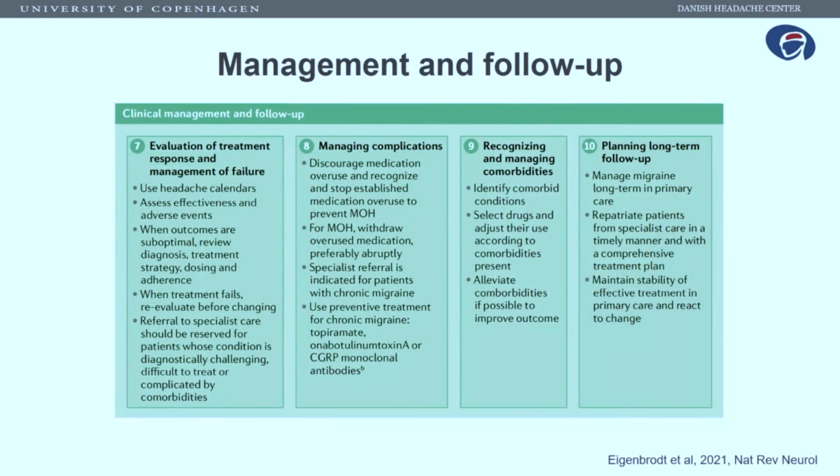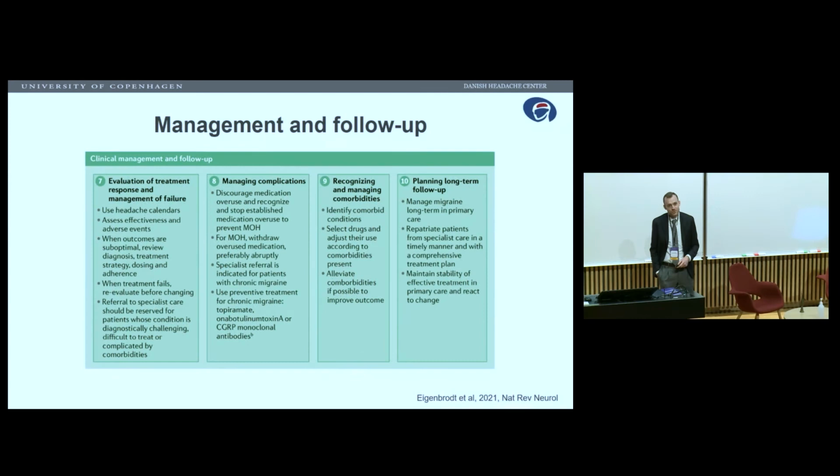So be mindful of this. Speak to your patients, use their calendars, and see if medication overuse is an issue, a complication in this patient. And then, of course, treat the medication overuse by stopping the overuse. Consider doing prevention alongside the overuse stop, so that you can treat your patients as well.